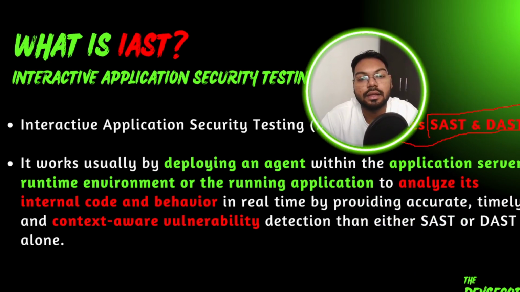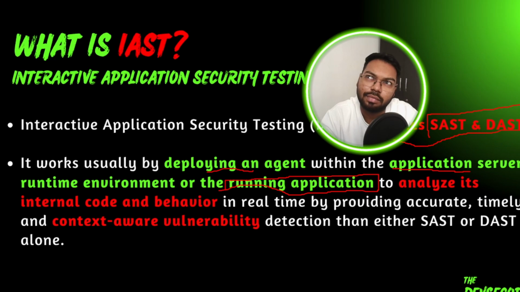It usually works by deploying an agent within the application server. It is part of the application server, the runtime environment, or the running application. You can deploy it at three different levels: application server, runtime, and the application itself.